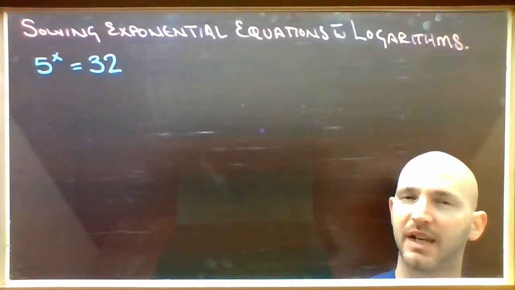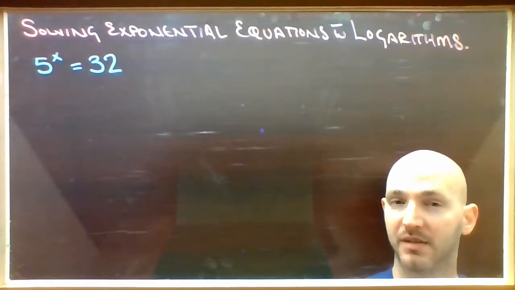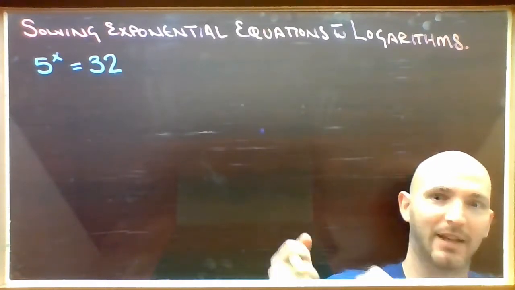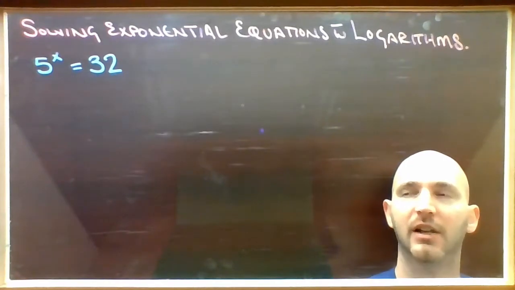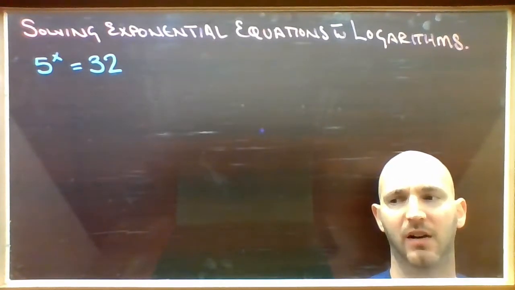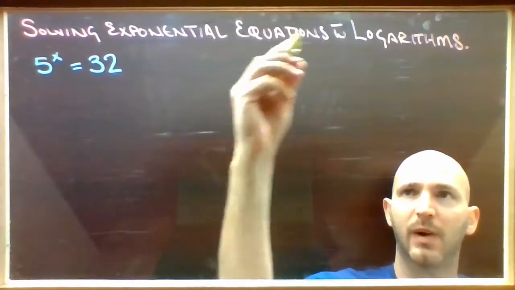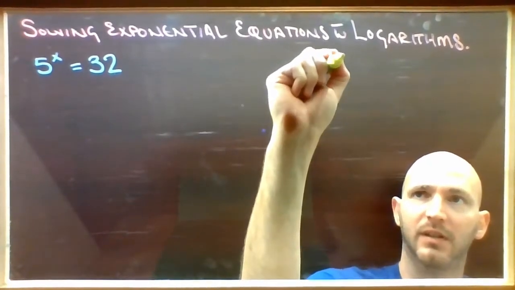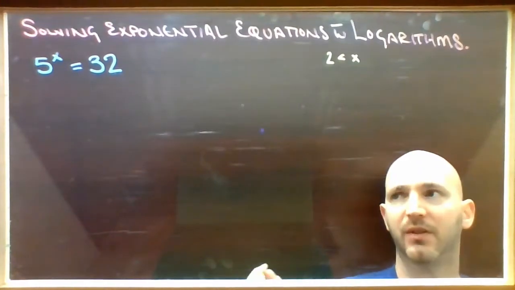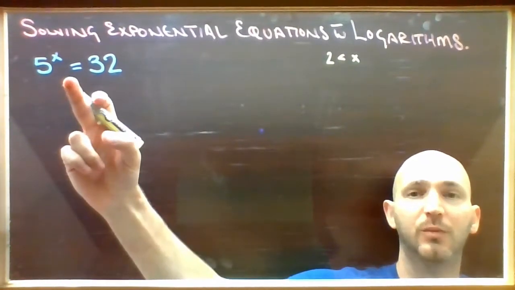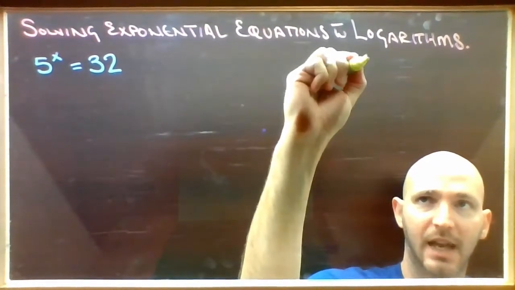If you can predict what the answer should look like approximately, then when you just randomly type things into your calculator, you have some sense of whether the answer that it spits out is correct. So 5 squared would not be enough, so this x has to be bigger than 2, and 5 cubed would be too big, so this x has to be less than 3.